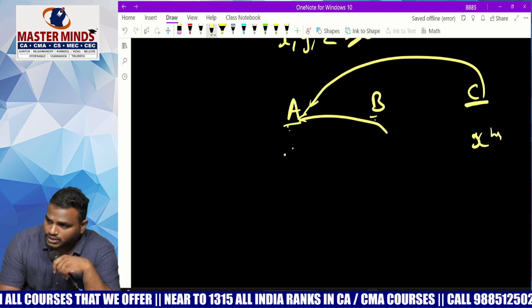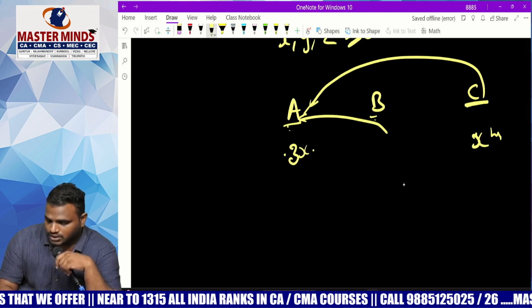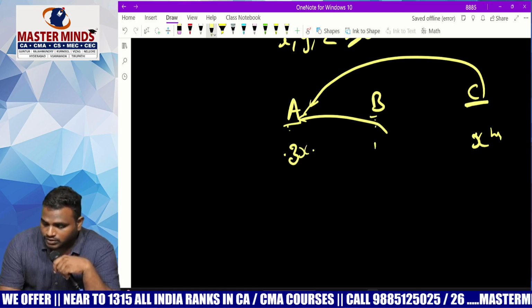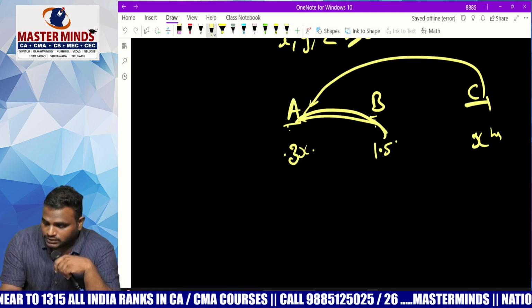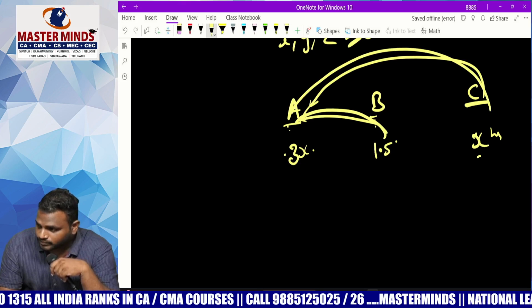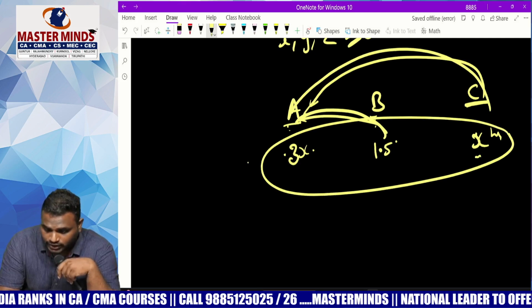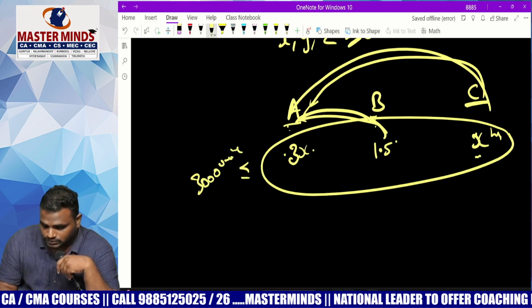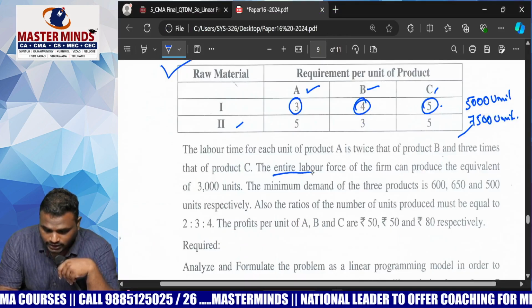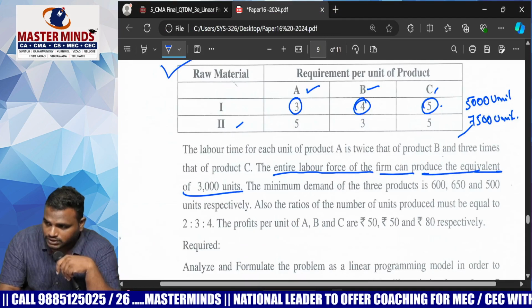Then what about A? 3 hours. Okay. Now, for B, how much? 1.5. Twice the B, thrice the C. Match? Yes or no? But this entire labor force is equivalent to only 3000 units. It is clearly mentioned here: entire labor force of the firm can produce an equivalent of 3000 units.